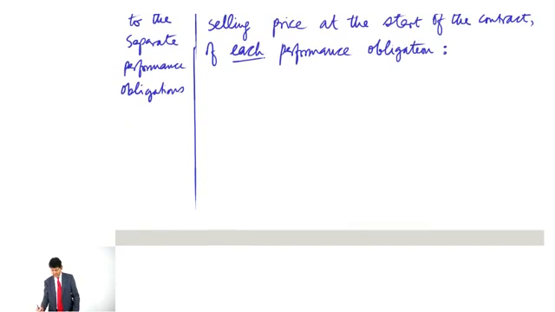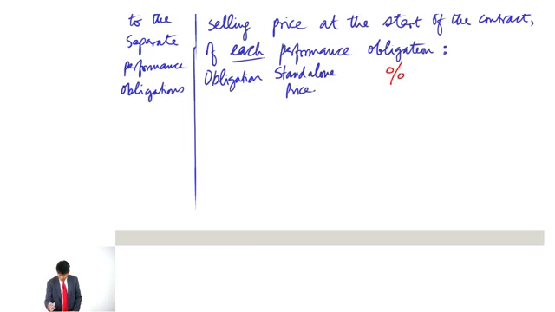And here you have to do a columnar style of presentation. Let's say you have the obligation, you have the standalone price, then you have the percentage, and then finally allocation of the revenue.